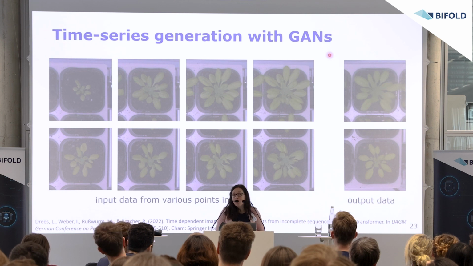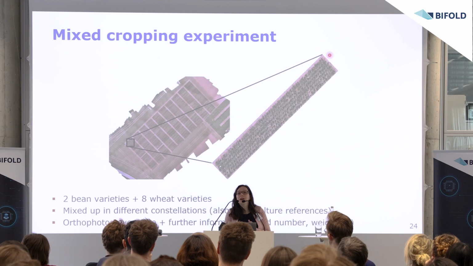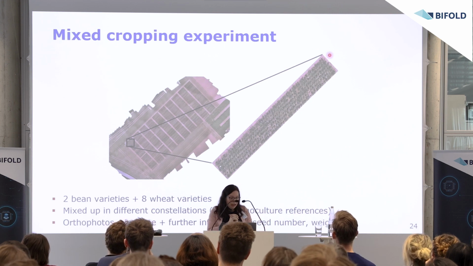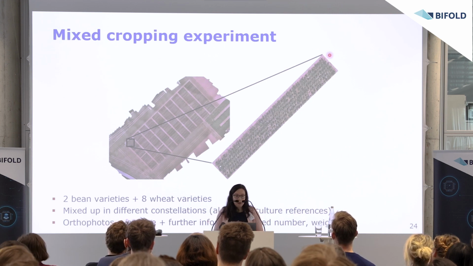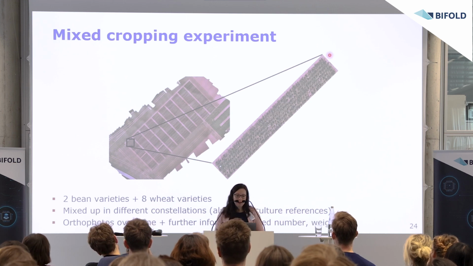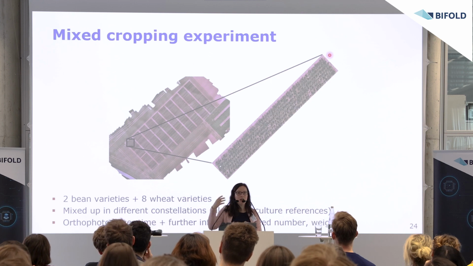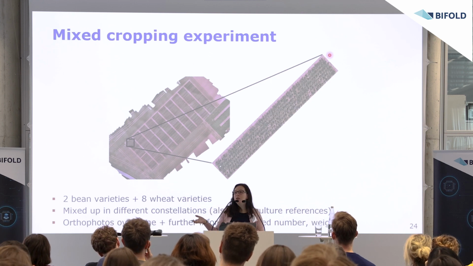But we had an actual application, which is our mixed cropping experiment in Bonn. Mixed cropping is a promising way towards sustainable agriculture. Here we plant two crops together, in our case, faba bean and spring wheat. If we plant them together, you can increase the yield and at the same time reduce the chemicals.